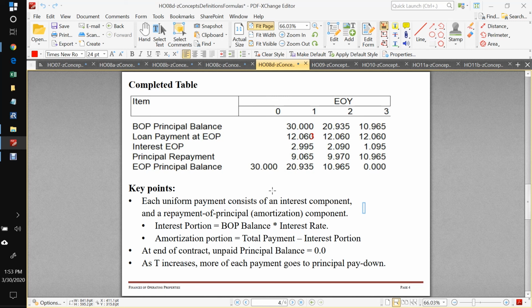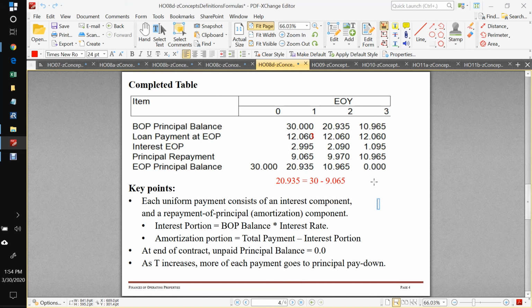Then the end of period principal balance here, our 20.935, is equal to our 30 minus our 9.065. So every payment, the principal balance goes down by the amount of principal repayment. And for each payment, the total principal repayment plus the interest repayment equals the total payment that was made.